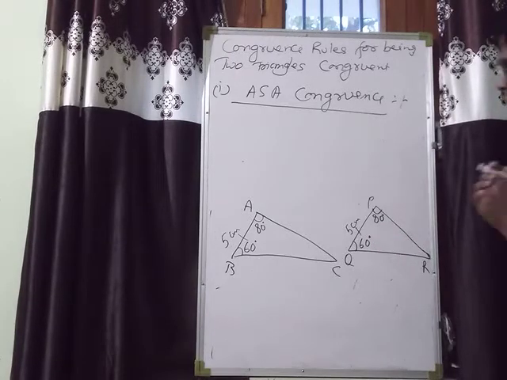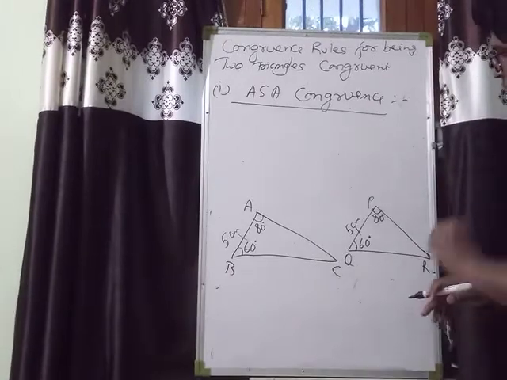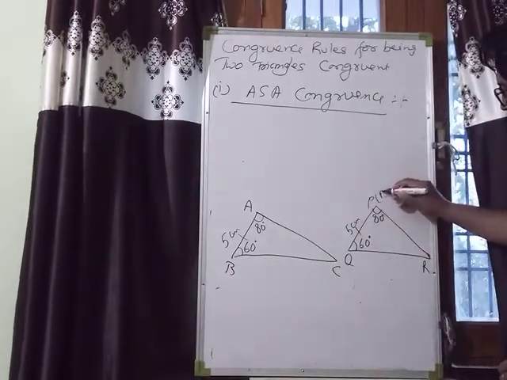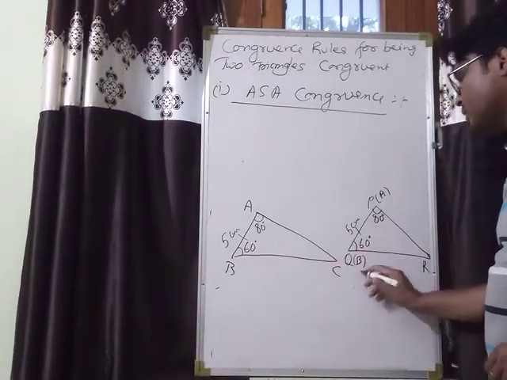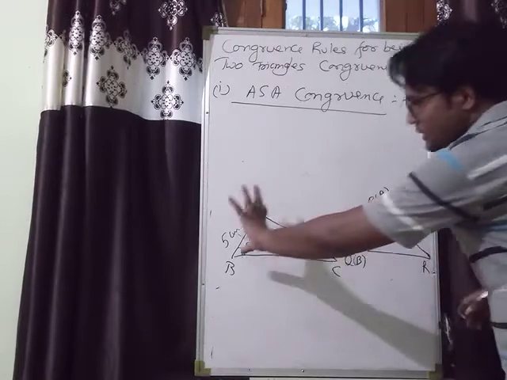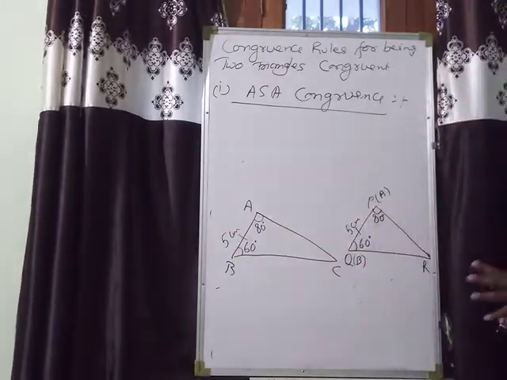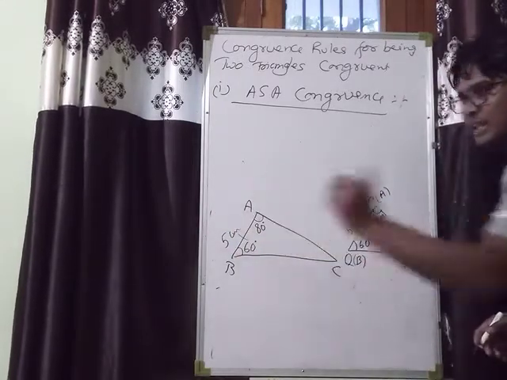See, when we overlap this ABC on PQR and put A at P and B at Q, because AB is equal to PQ, AB completely covers PQ because both have the same length.